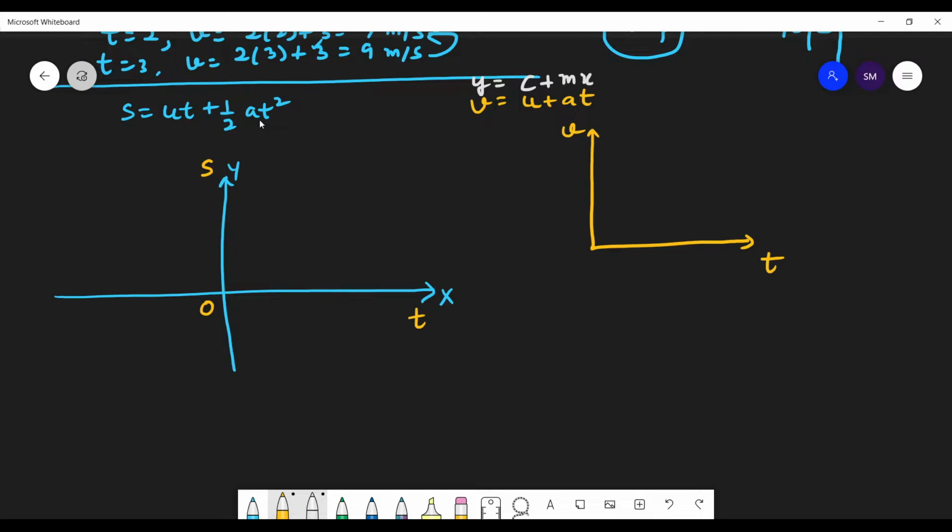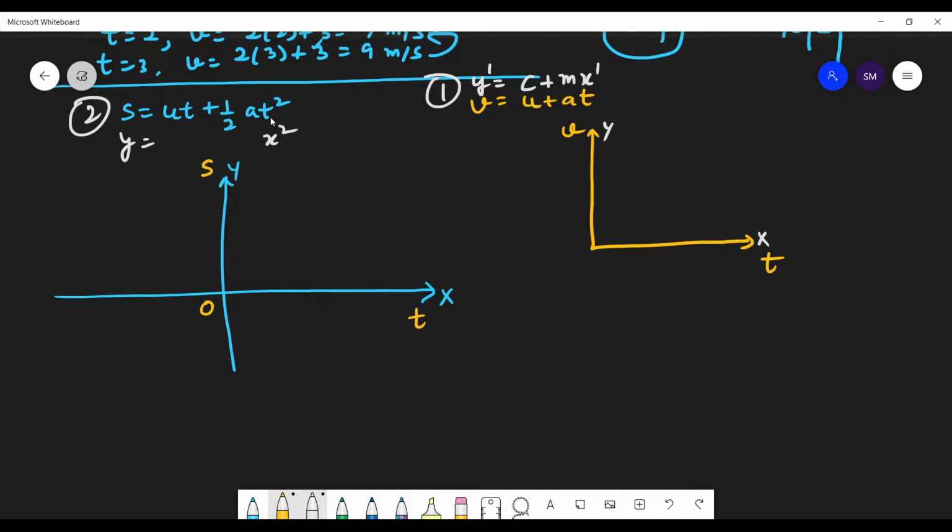Is it y is equal to mx plus c or is it y equal to x square? Yes, this second equation. So a linear equation means the power of the variables should be 1. So here the power of the variables on the x-axis and y-axis was 1.